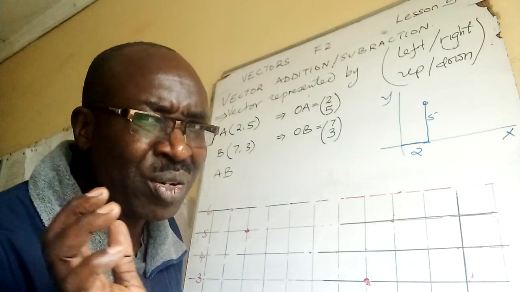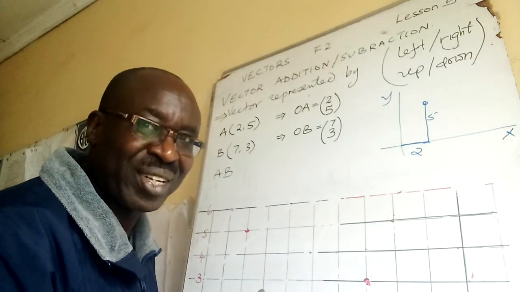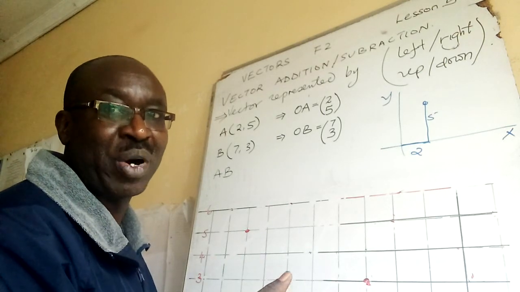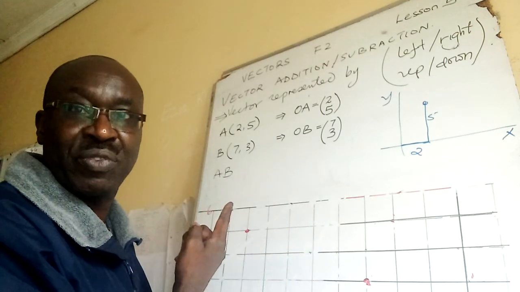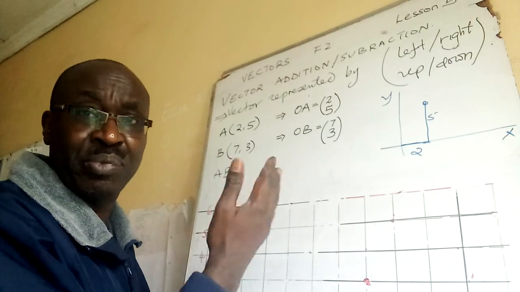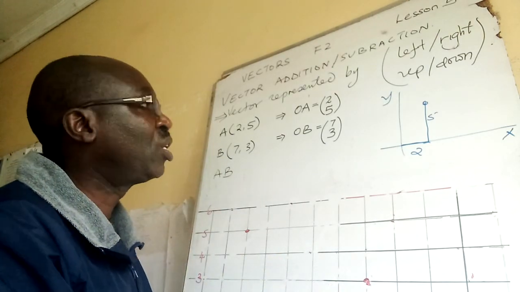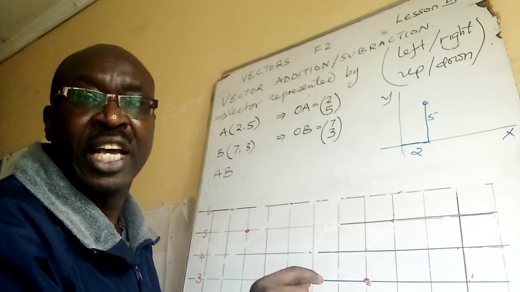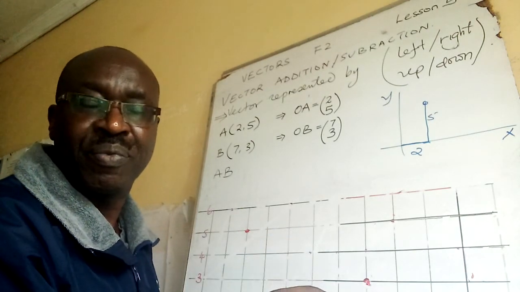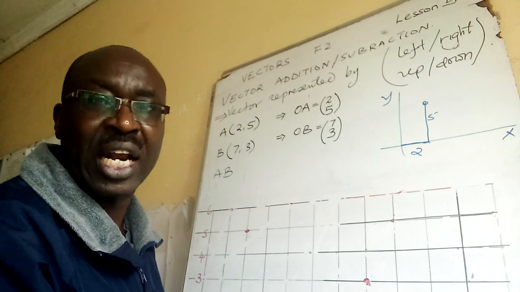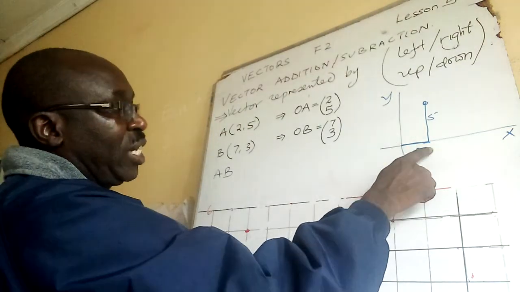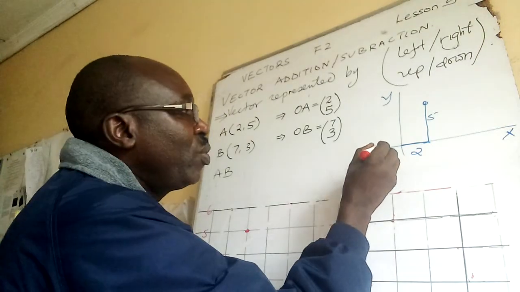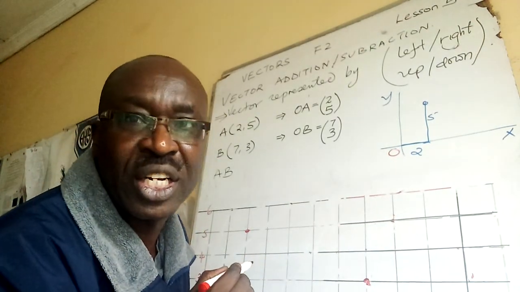You should be comfortable now, Form 2. You've done the Cartesian plane in Form 1, so even a Form 1 can follow this. It is not difficult because I'm doing it from scratch. If I'm asked to locate point A, whose coordinates are (2, 5), being positive means right, up. This movement is with respect to the origin.